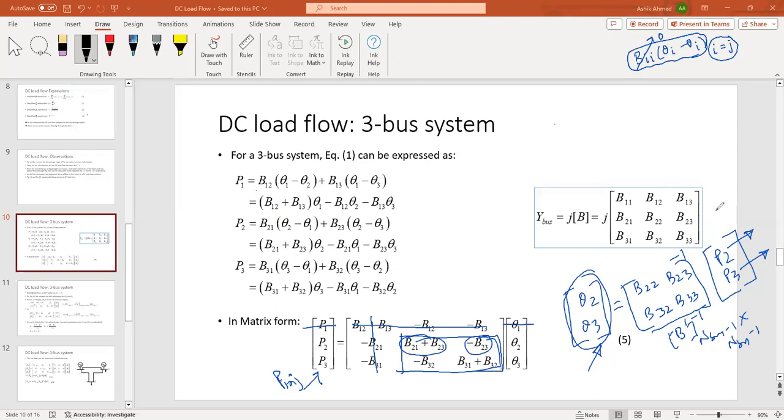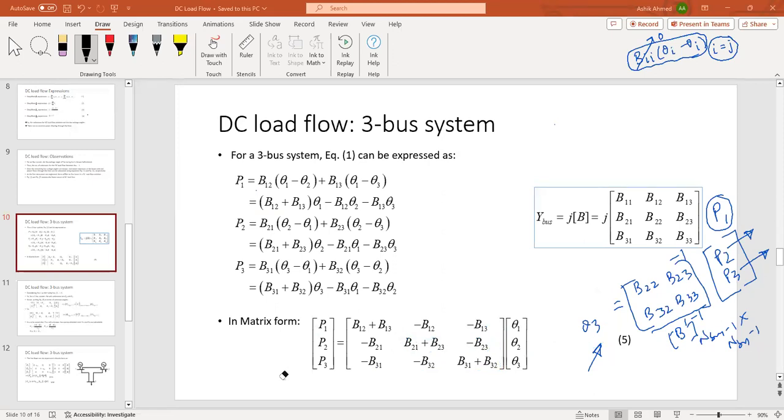Remember, here P1 is still unknown. We still don't know P1, that is the swing bus power generation. So once we know the thetas, then we can solve for real power line flows through the lines, and that will ultimately help us find out the real power injection at the swing bus.